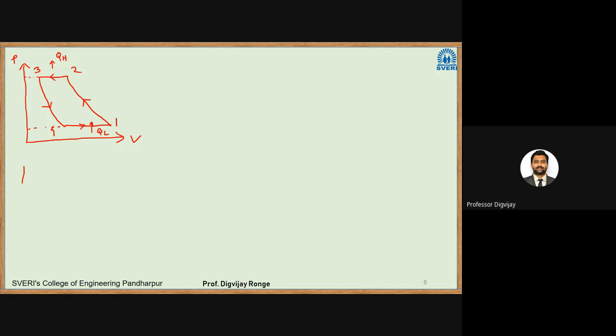Next, I will draw the TS diagram. So T3 is greater than T1.